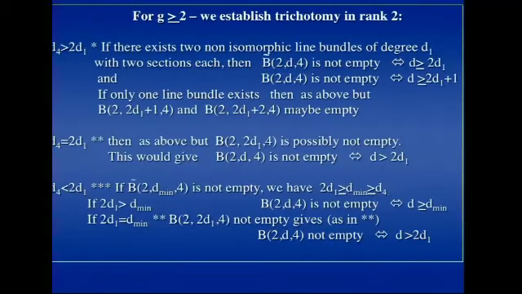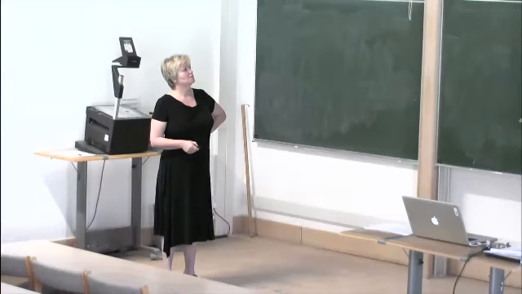Now, what may happen also is that you have equality. Then this is similar in construction to case 1, but if your bundle is of double gonality, it could possibly be already non-empty.